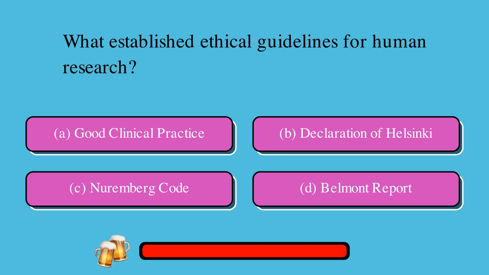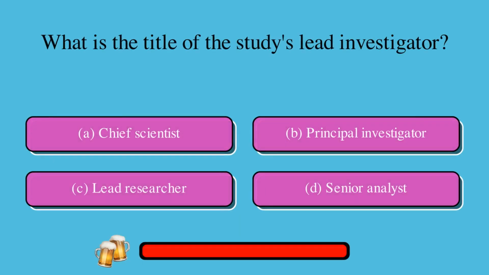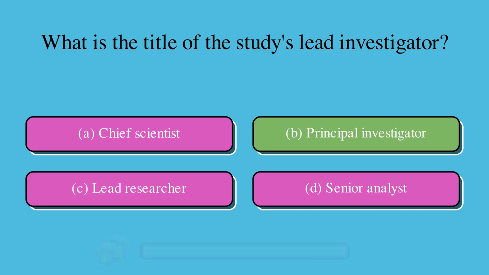What established ethical guidelines for human research? A. Good clinical practice, or B. Declaration of Helsinki, or C. Nuremberg Code, or D. Belmont Report? The correct answer is B, Declaration of Helsinki.